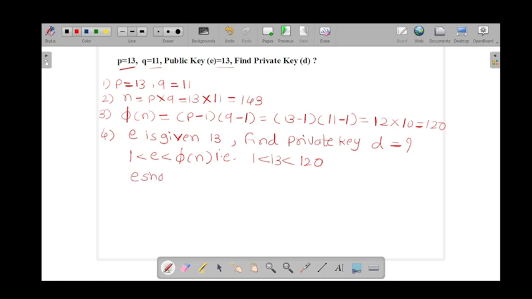As well as our E should not be a factor of phi of n. So 13 should not be a factor of 120.